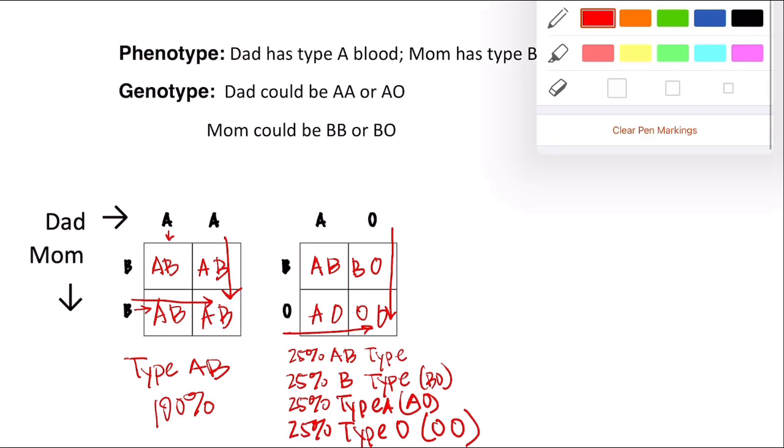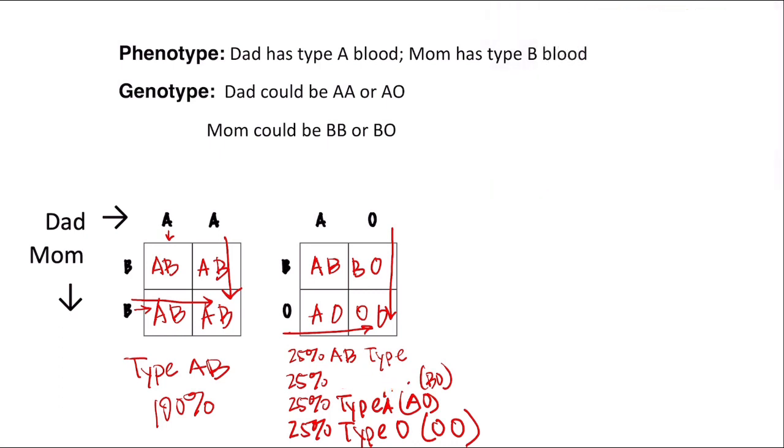So type AB for the AB combination, type B for the BO combination, type A for the AO, and type O for the OO.